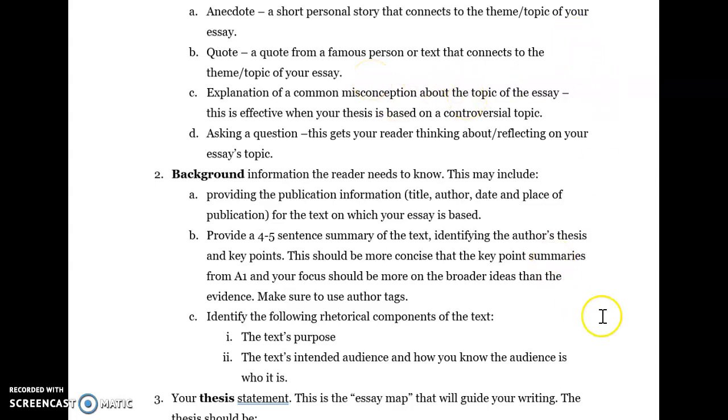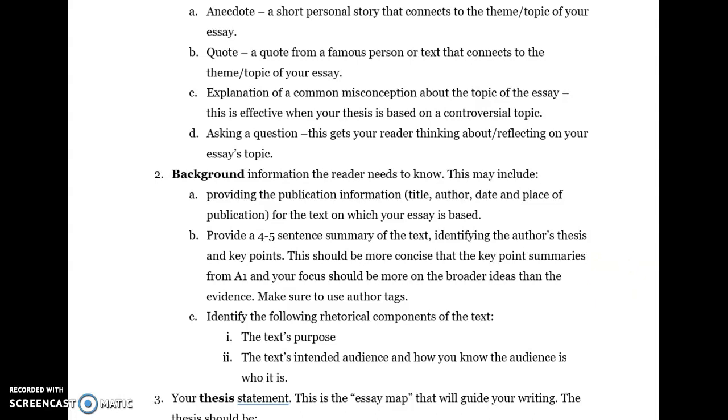You have a lot of information that you need to cover here, but if your reader doesn't have a sense of what is happening in the article, then they're not really going to be able to follow your rhetorical analysis. So offering a few sentences for your summary is really going to give them that context and that groundwork.